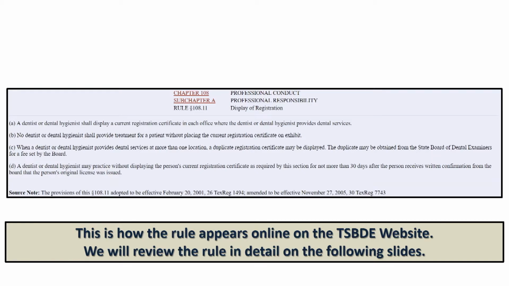So, with respect to this particular rule, it was passed or adopted the same year as the previous rule, but this particular rule, Rule 108.11, has the legislative history of being amended. Either something was added or some wording was changed 4 years later in 2005. This is a good example of why you would want to know this information.